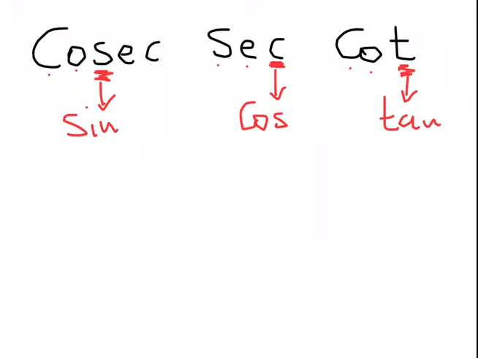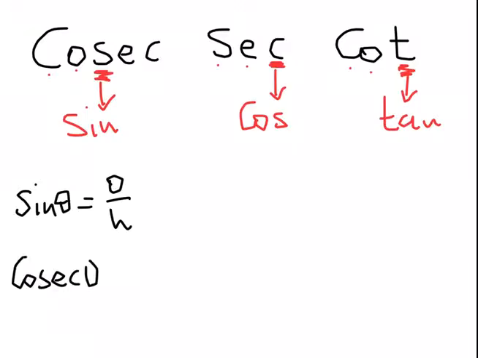So maybe just so that it makes even more sense, what we know is that sine of an angle is opposite over hypotenuse. So what I'm saying is cosec, since it is the reciprocal of sine, you just swap: h to the top, o to the bottom.